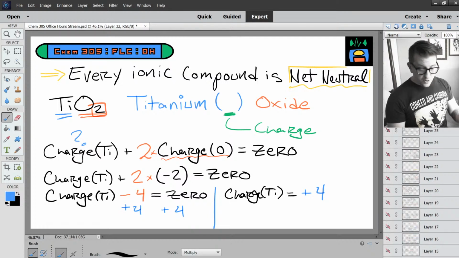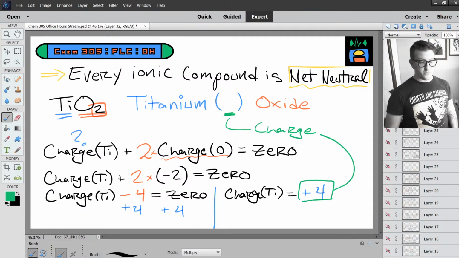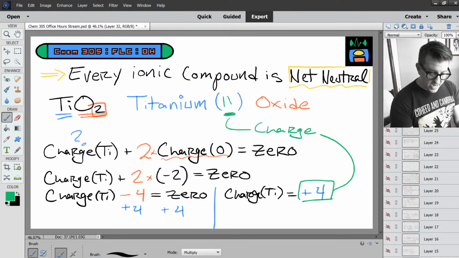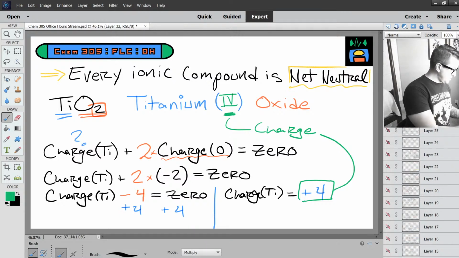Okay, now, this is awesome. I want that in green. This number right here is the charge we're looking for. So once you know the charge of titanium, you put that in Roman numerals in parentheses. The -2 comes from the periodic table.